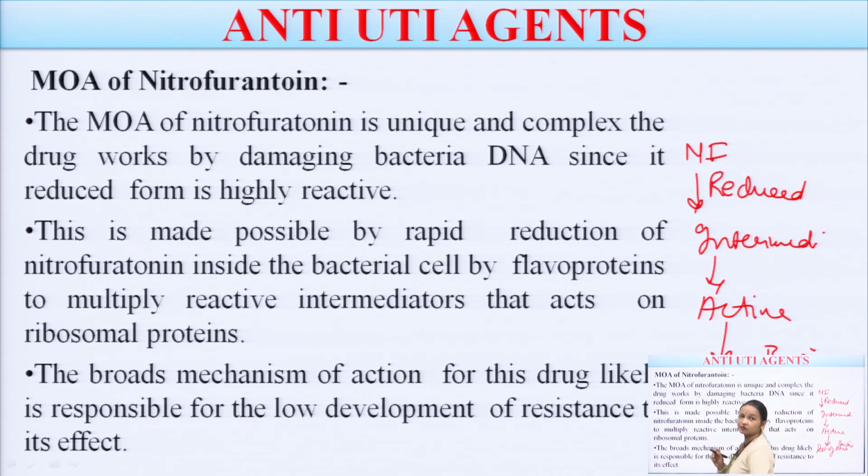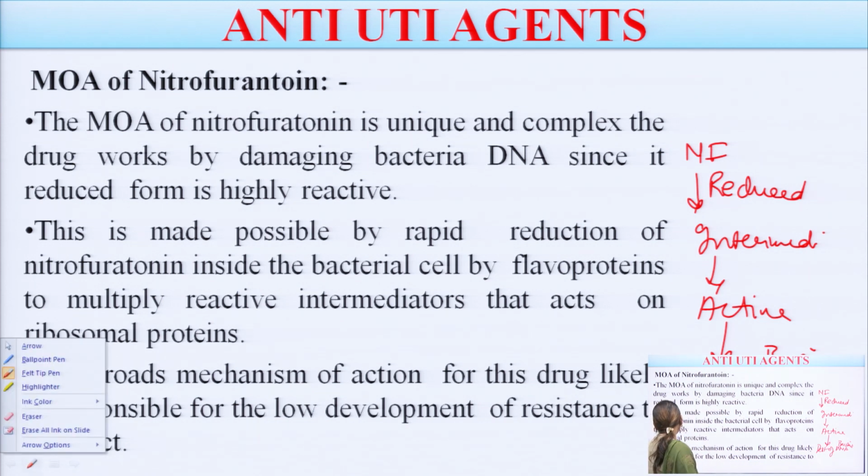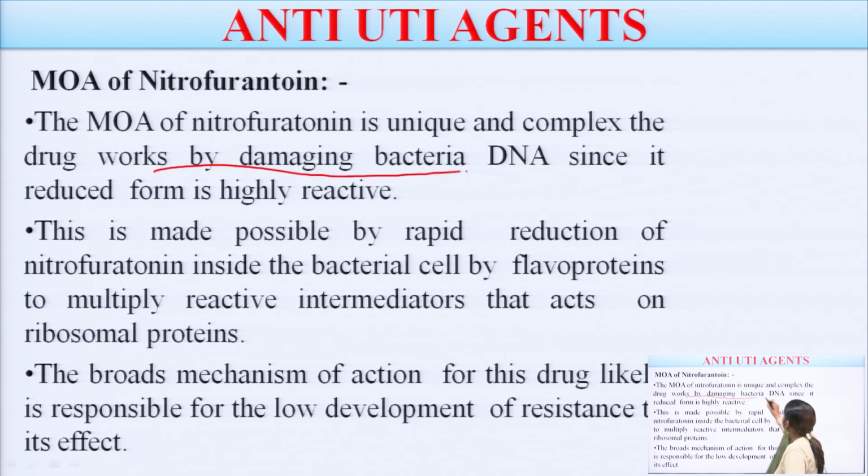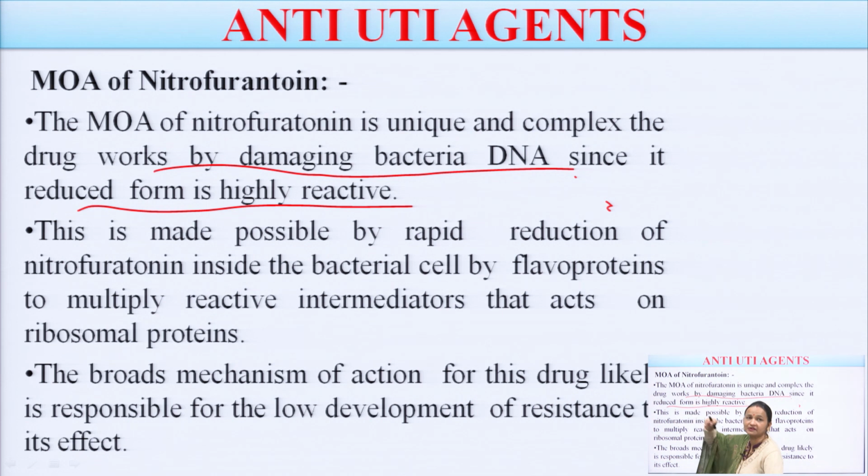Nitrofurantoin is reduced to different intermediates which are very active, and they act on ribosomes to cause the destruction of bacterial DNA. The mechanism of nitrofurantoin is unique, it is complex, and it works by damaging bacterial DNA, because its reduced form is highly reactive.